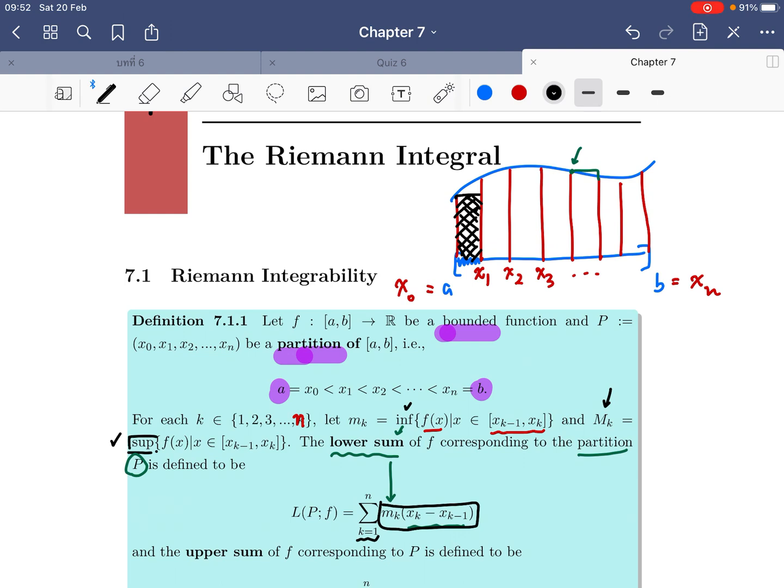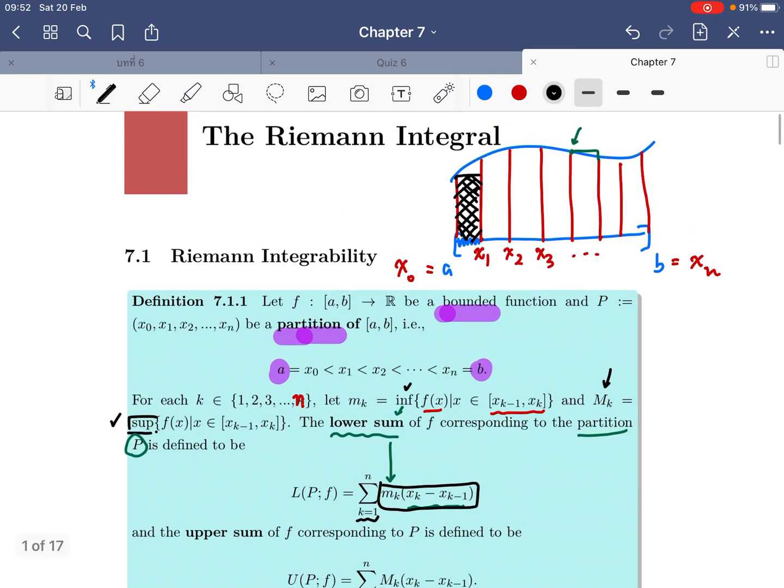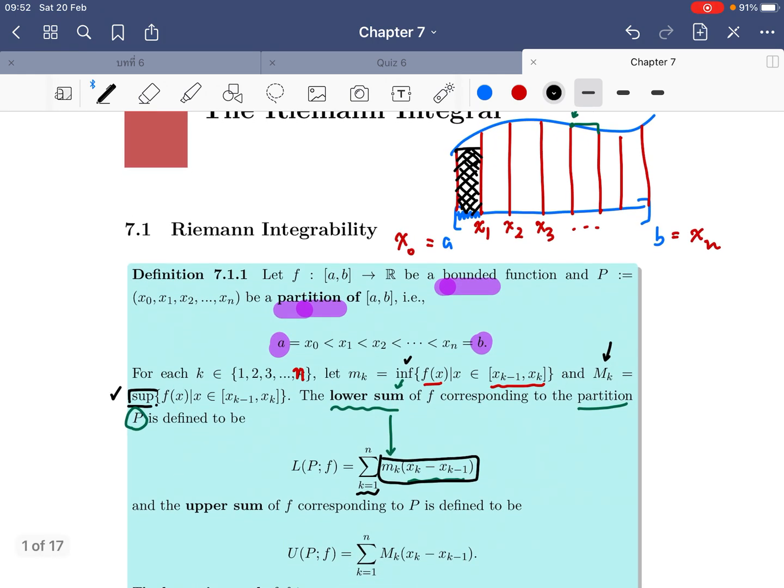And of course, on the other hand, if you're talking about the upper sum, the upper sum will collect the supremum of each interval, right?